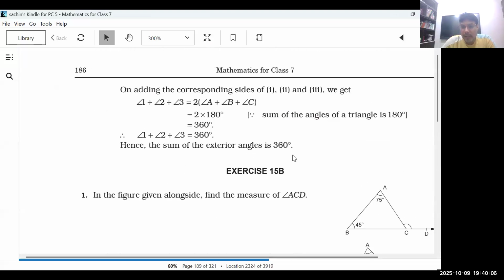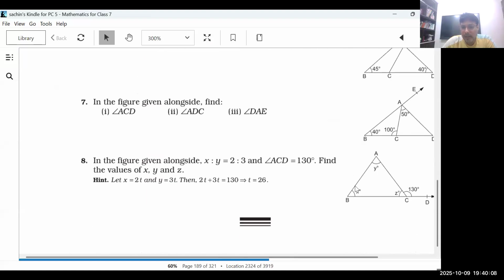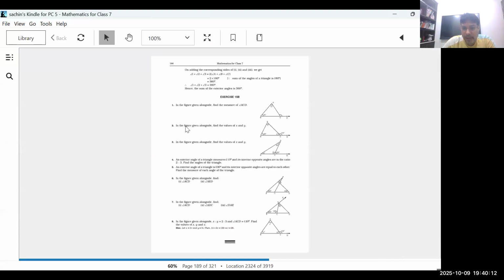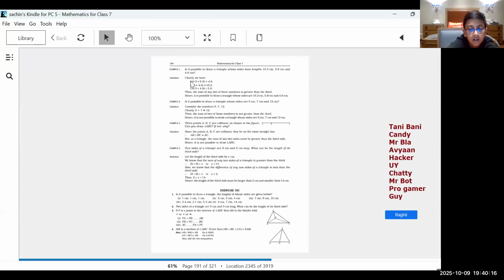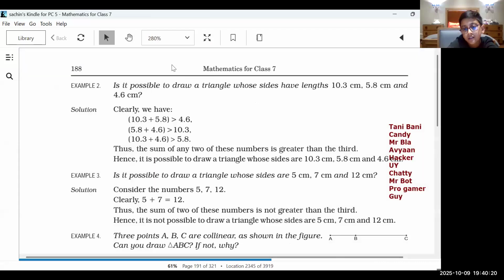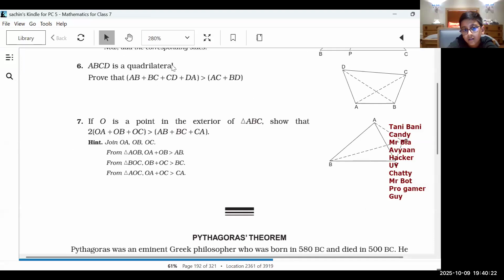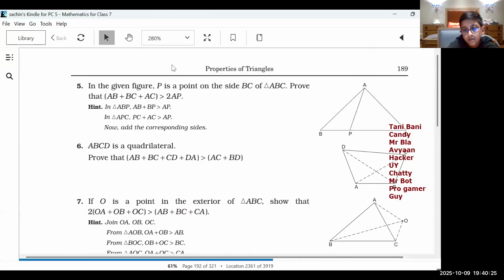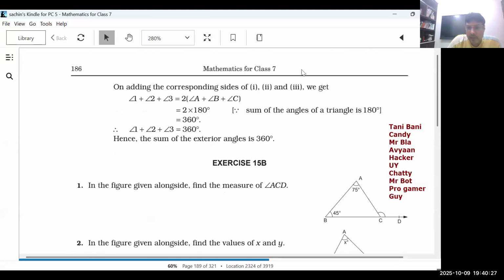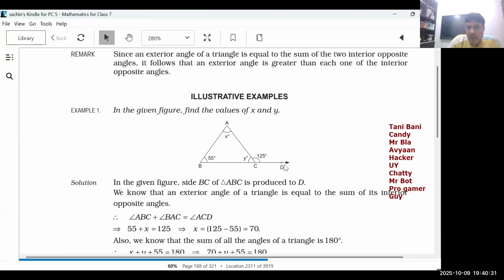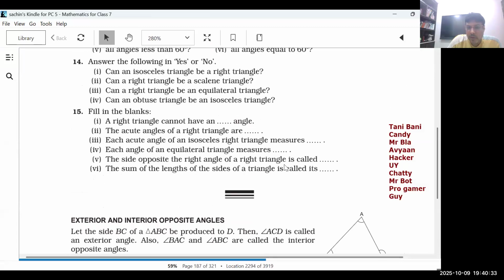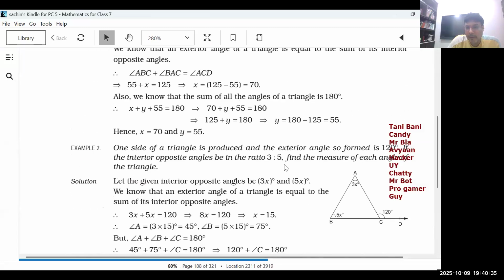So guys, we had one question left. Sir, is every angle in a transversal supplementary? Wait a minute. The question we were doing, we left because we were getting late.